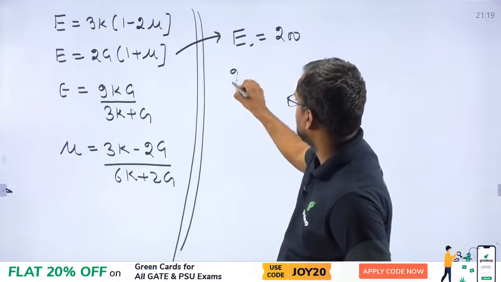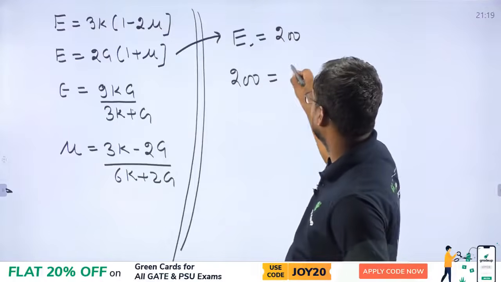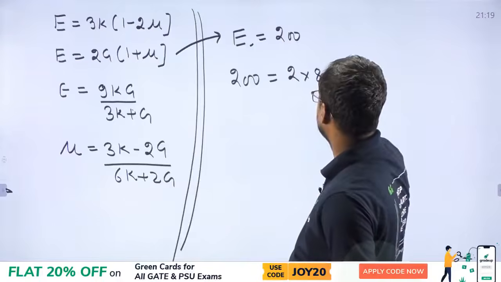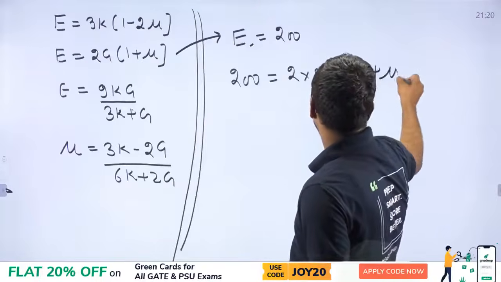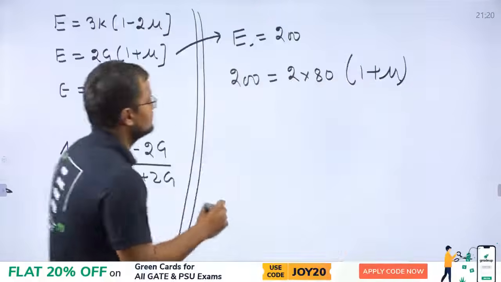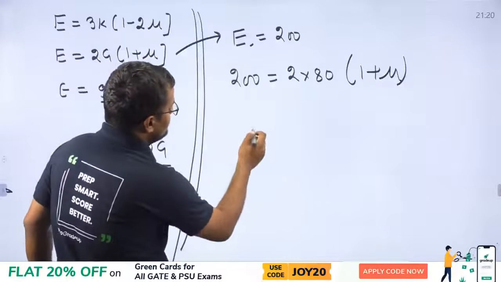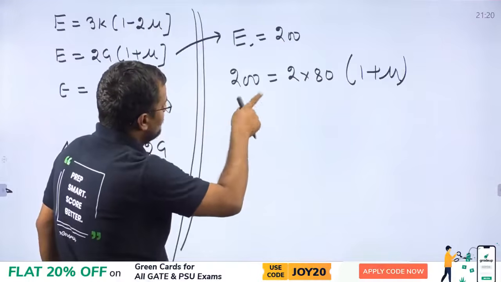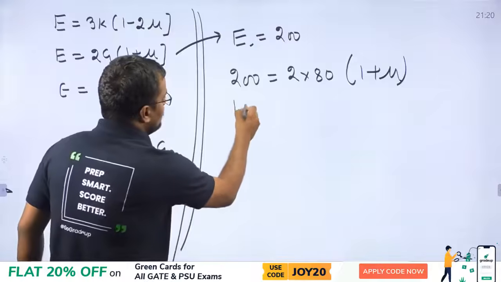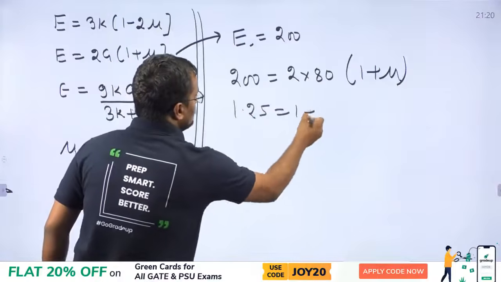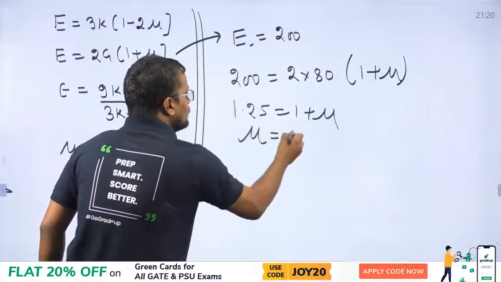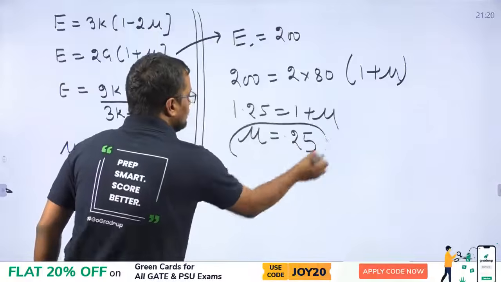So applying this formula, 200 is equal to 2 into 80, that is 160, into 1 plus mu. So 200 by 160 is how much? 5 by 4, then it is 1.25 is equal to 1 plus mu. Then mu will be 0.25. Okay, mu we are getting.